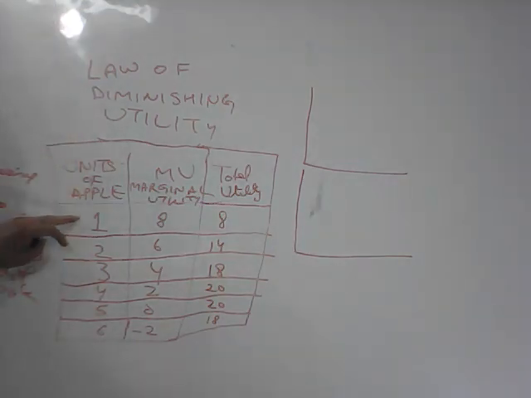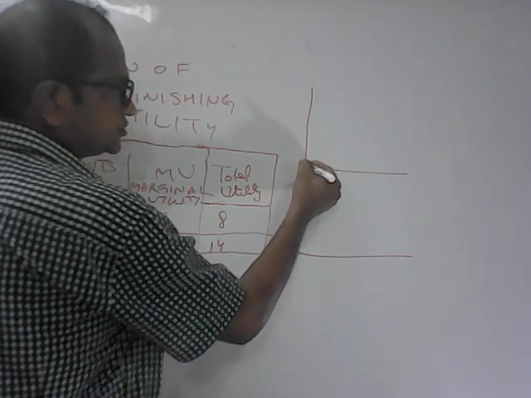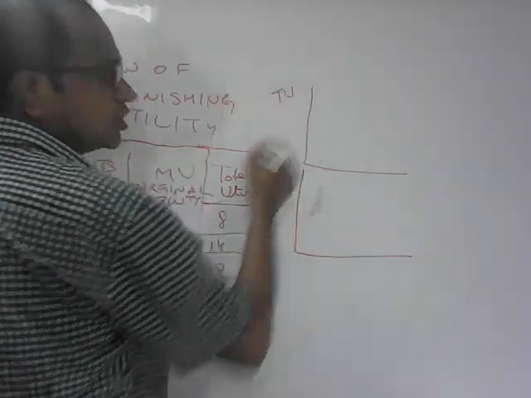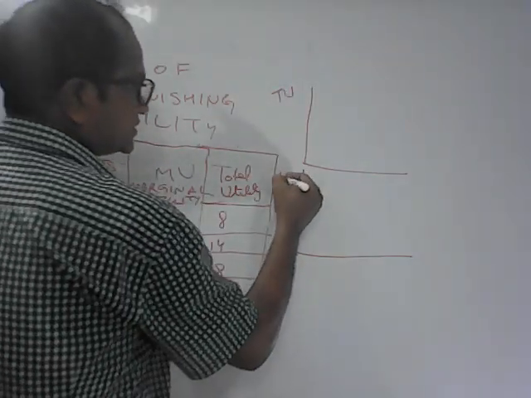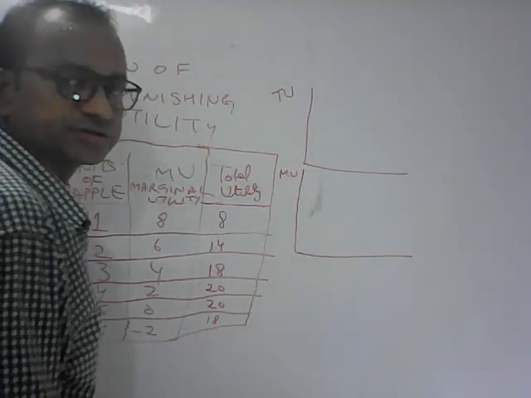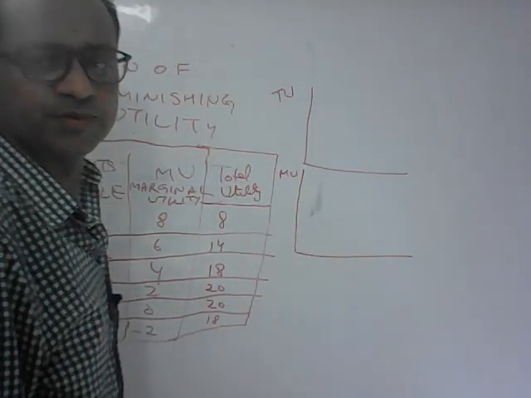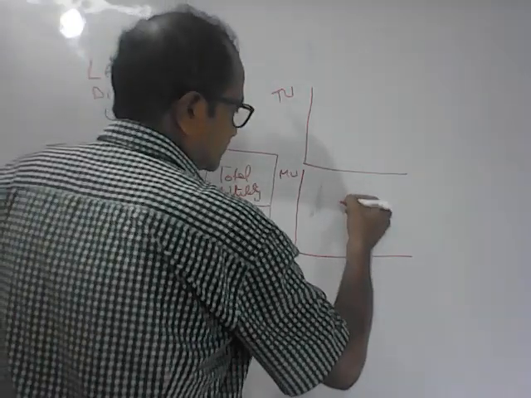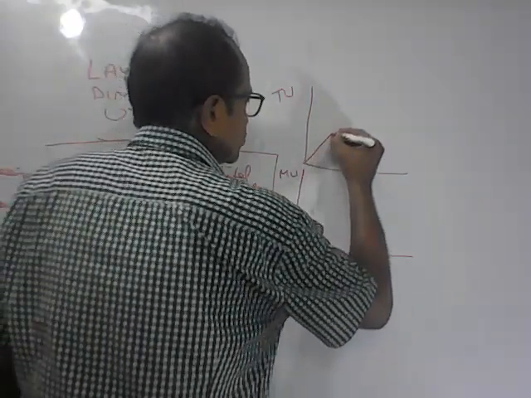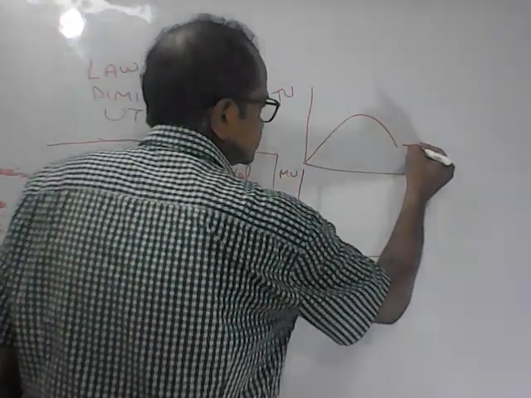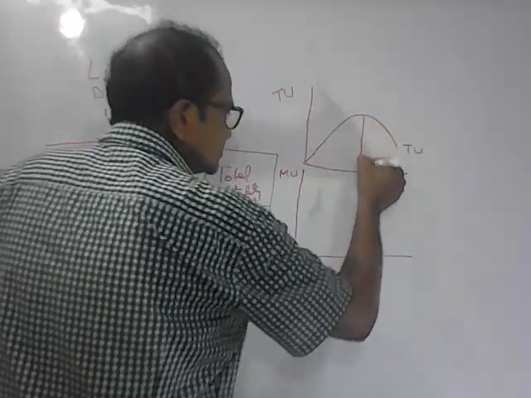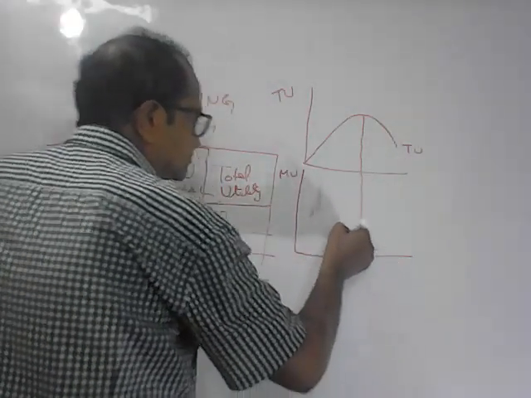We can say these are the units of apple and the marginal utility. This is T or total utility, whereas this is marginal utility. We can easily derive a diagram like this. When the total utility becomes maximum, then the marginal utility becomes minimum.